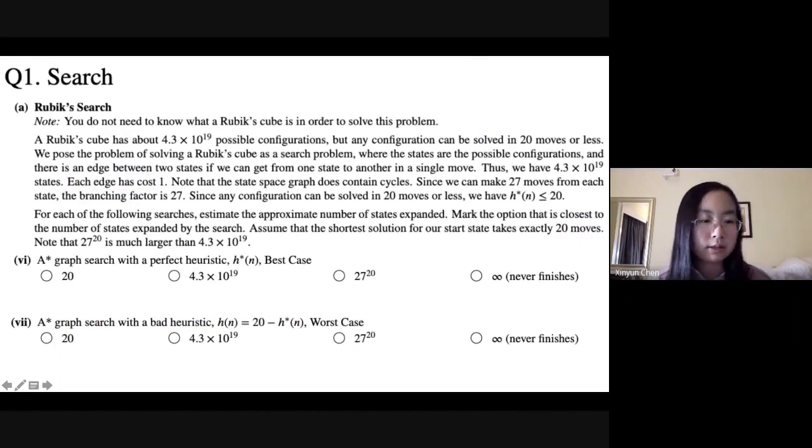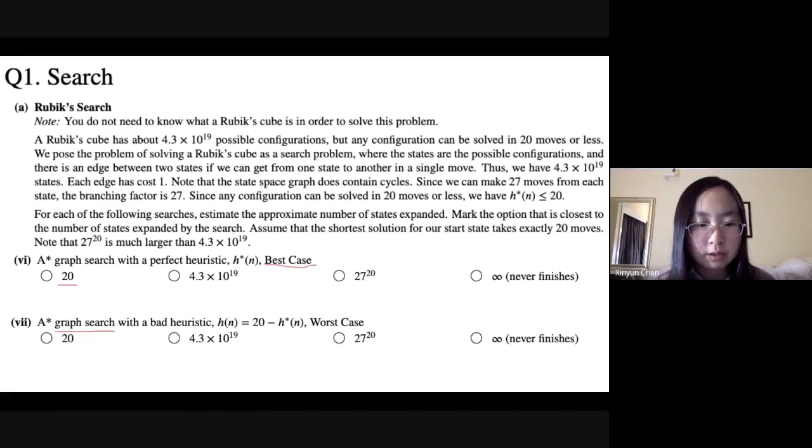Now let's see how the solutions may be different for A-star graph search. Firstly, the best case is also 20. Basically, we just need to explore the optimal solution in the search. This time, because we have graph search, we will not explore a state more than once.